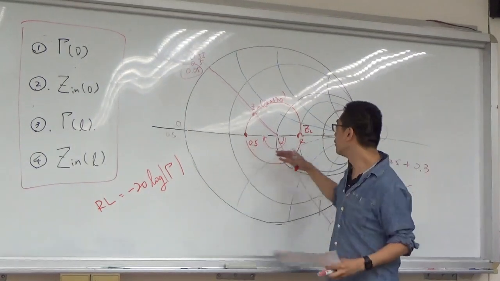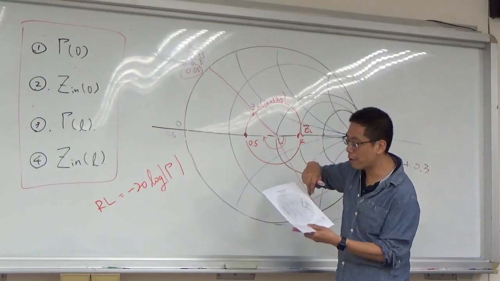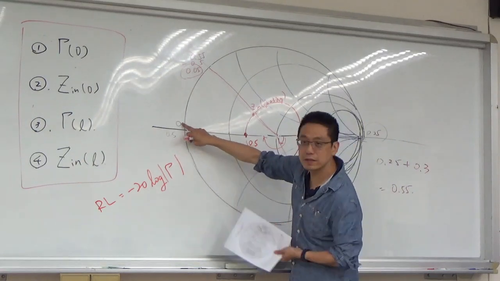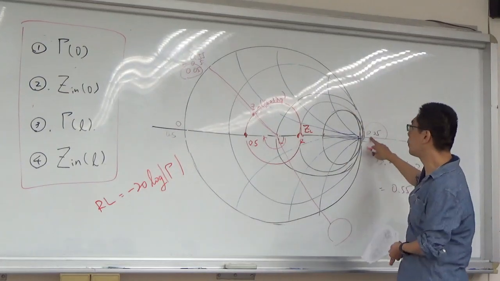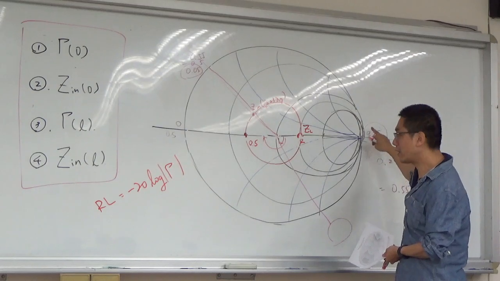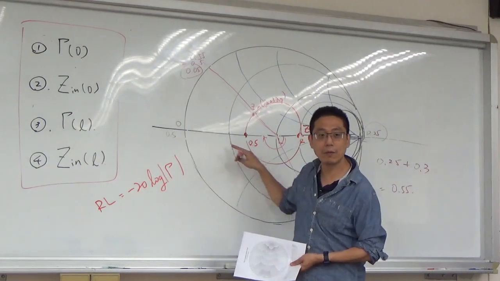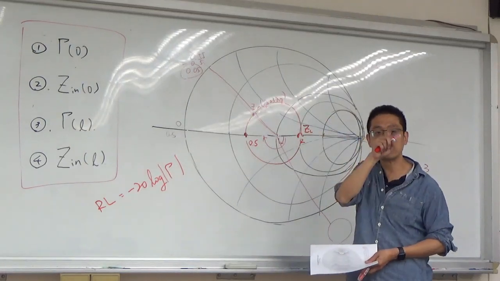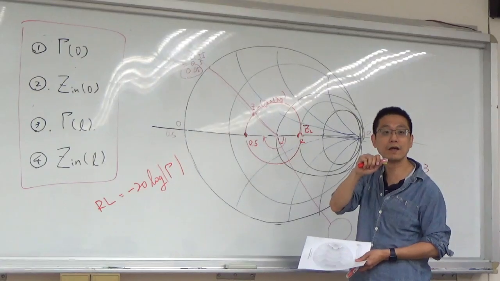You can see the outside of the circle, they write down the number 0 here, they write down the number 0.25 here, okay? And also, this is 0.5. So one circle is 0.5, which is half a wavelength.